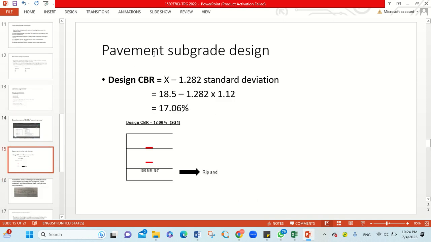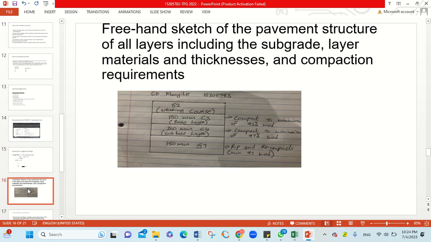For pavement substrate design, we use the CBR design, which we find to be 17.06%, and the layer works are shown below, which is 150 millimeters C3 base layer, 300 millimeters C4 sub base layer, and also 150 millimeters G7, which needs to be ripped and recompacted.